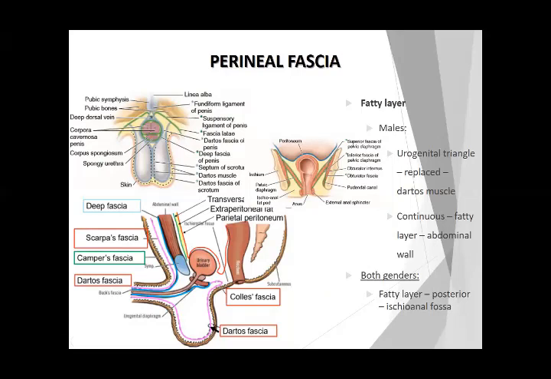This fatty layer is replaced by the dartos muscle. So this yellow line, this serrated yellow line, this is the dartos muscle. If you remember correctly, the dartos muscle was the muscle that was present within the subcutaneous tissue, panniculus adiposus type.